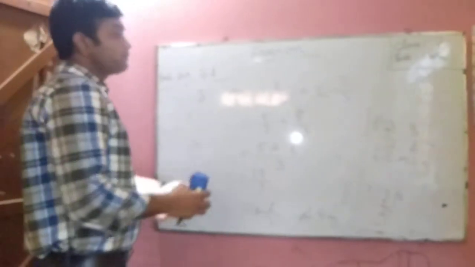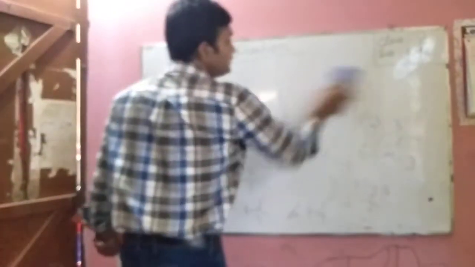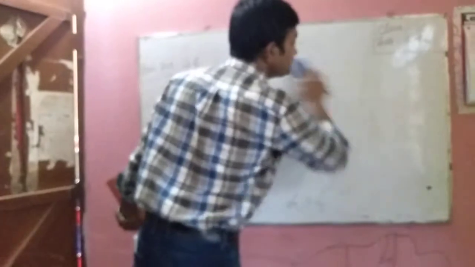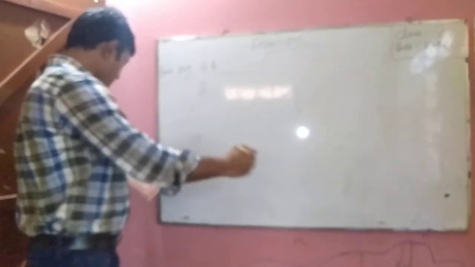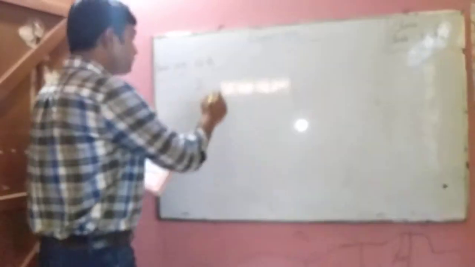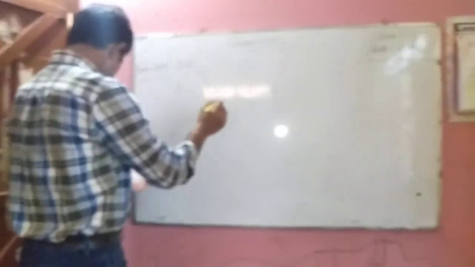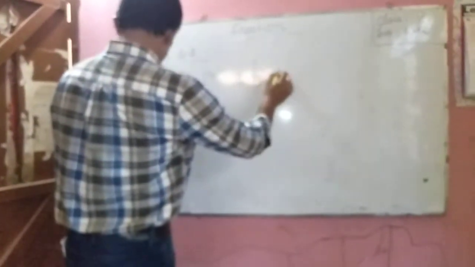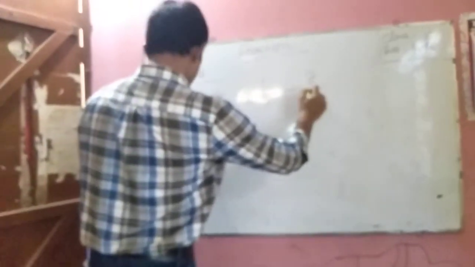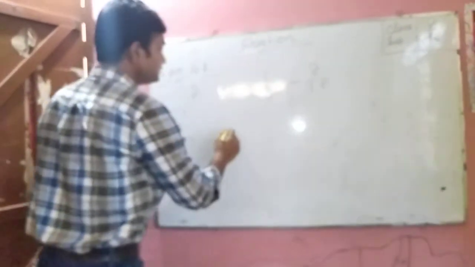So I will show you a subtraction problem. Look here. Number 14. You can see 2 and 1 by 3 minus 8 by 15.